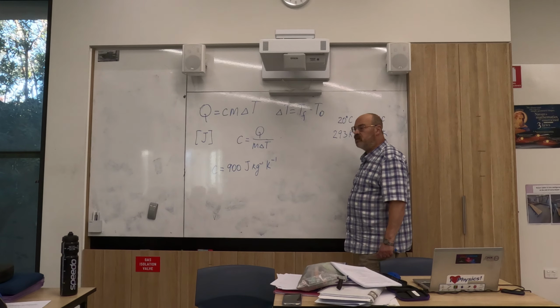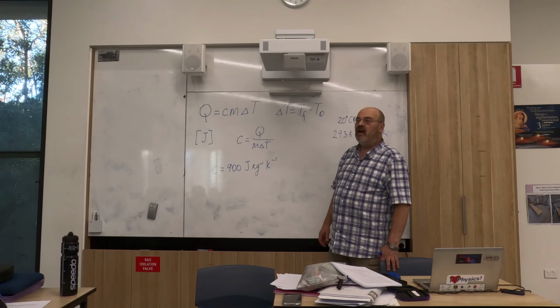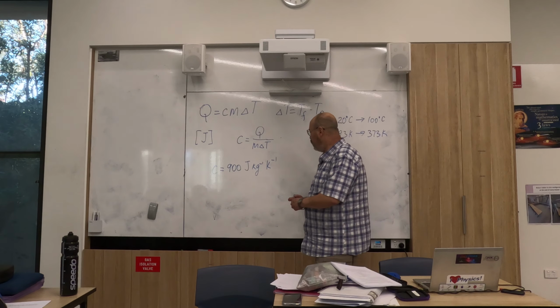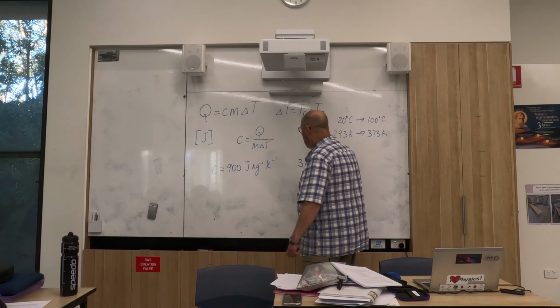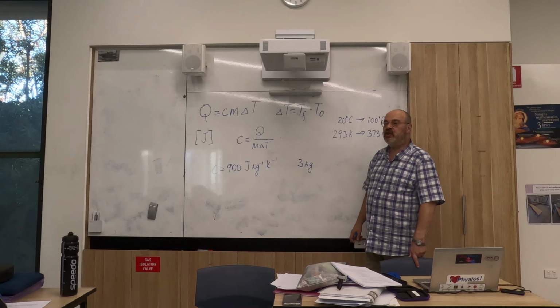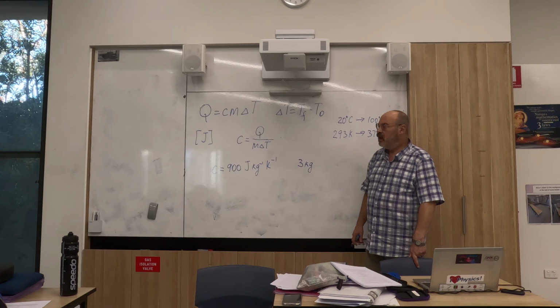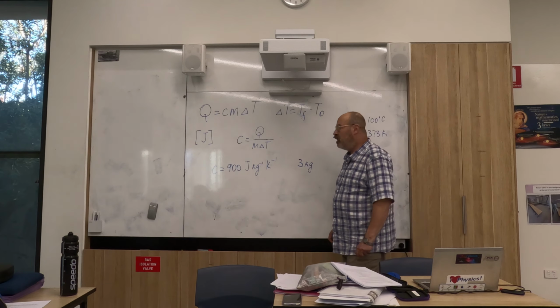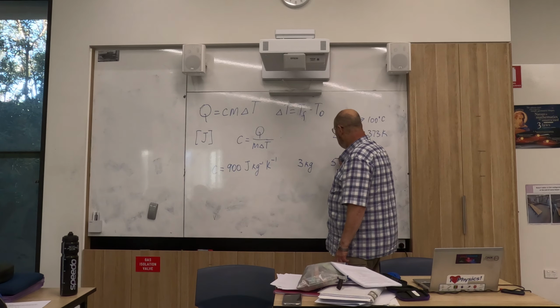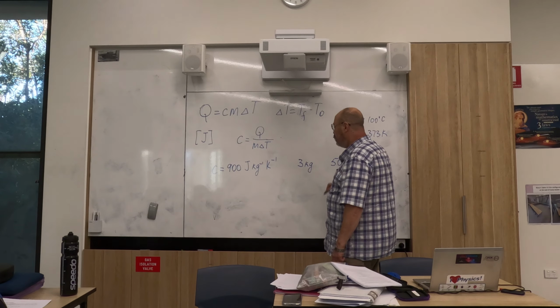So let's consider a simple example. If we take 3 kilograms of aluminium, how much heat will we need to give it to increase the temperature by 50 degrees, by 50 Kelvin?